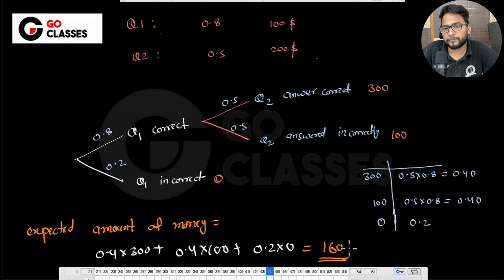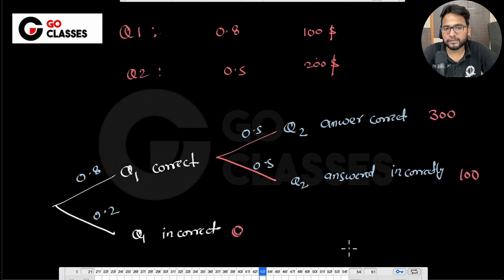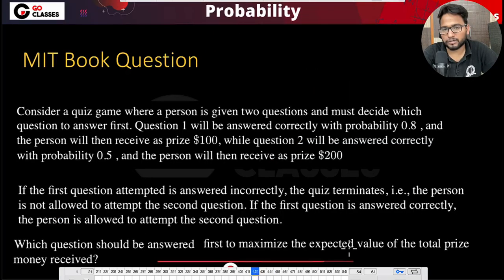Nice question, isn't it? This was really a nice question and I hope you understood the solution. The twist here is given in this paragraph, and then you can take both of the cases: if you start with question number 1, and if you start with question number 2.